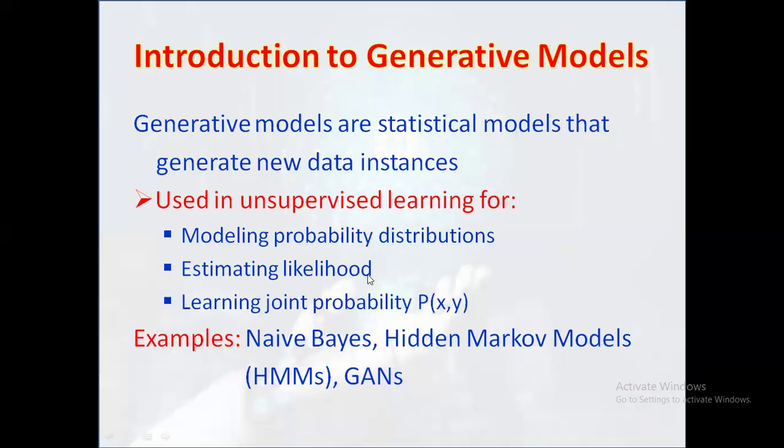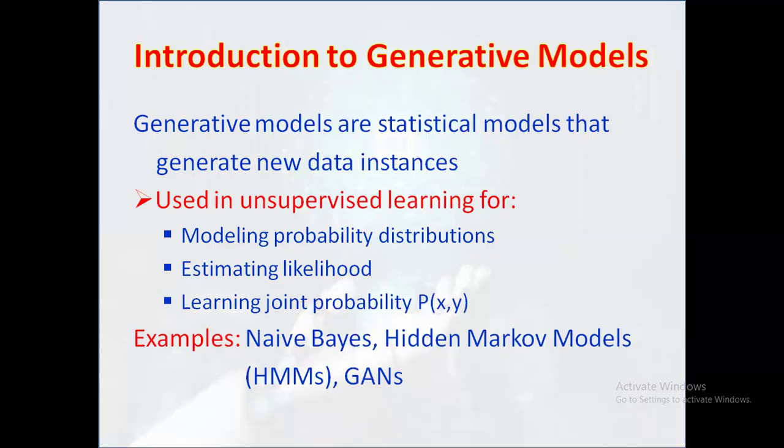And next, estimating the likelihood involves calculating how probable a particular data point is under a given model. This helps in identifying anomalies or generating data points that align well with the overall data structure.